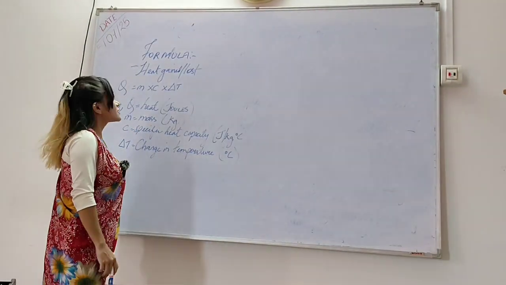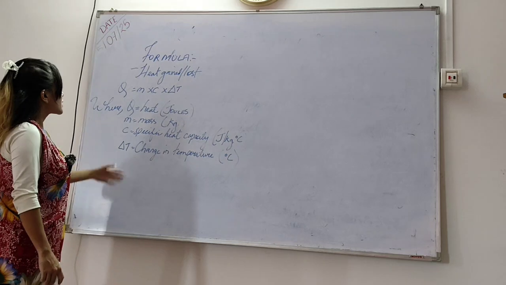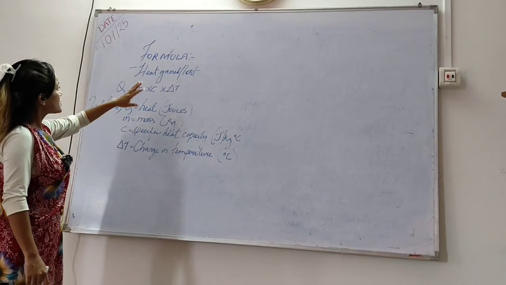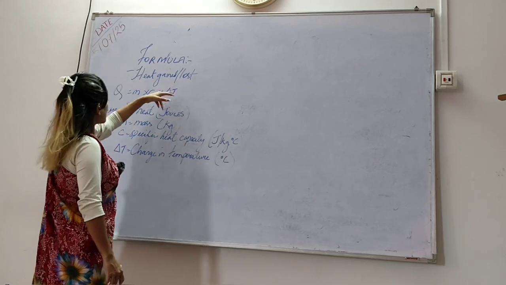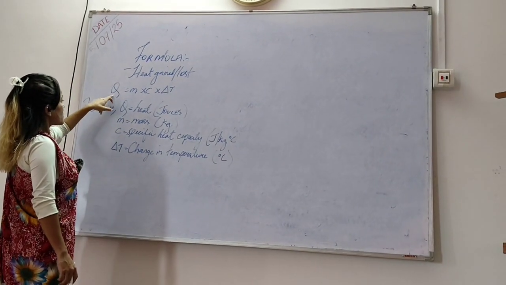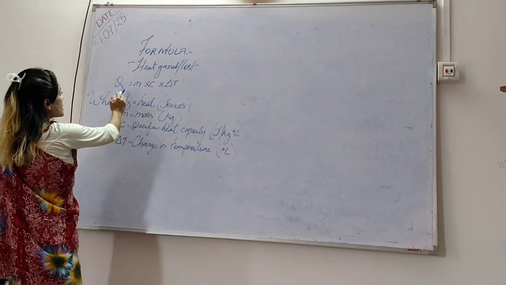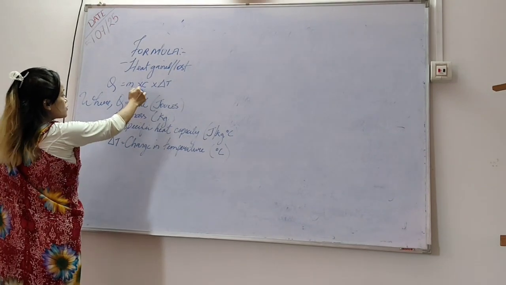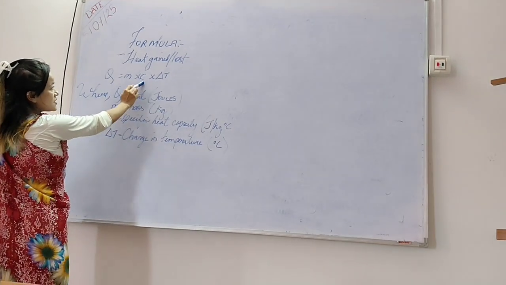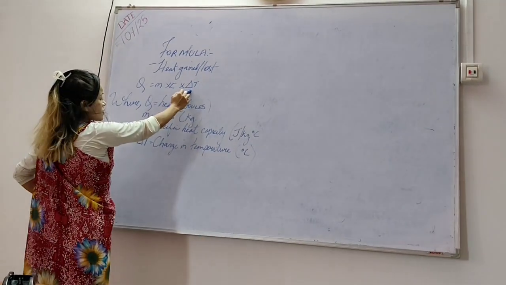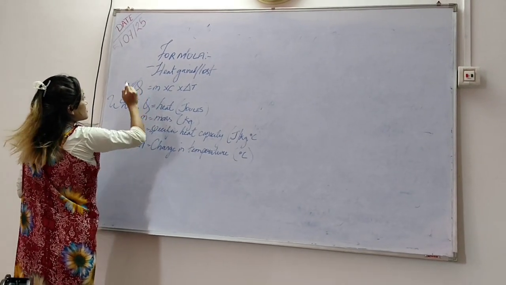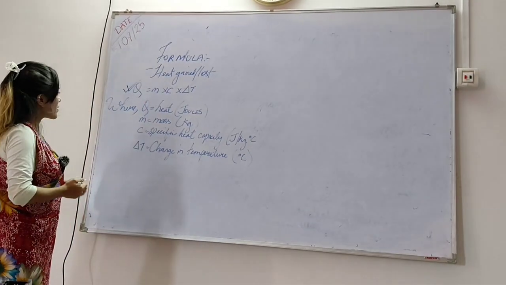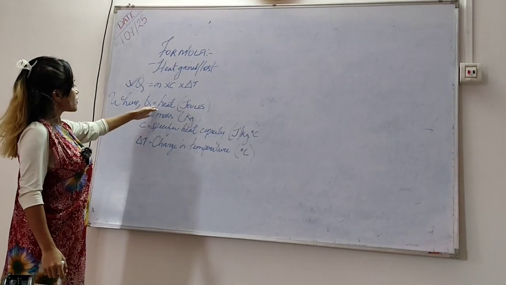Now let's see the formula for heat. So what is the formula? The formula is for heat gained or lost. Q stands for what? It's the heat. Heat is equal to mass into specific heat capacity C into change in temperature, Q = mcΔT. So this is the formula, whereby Q stands for heat.